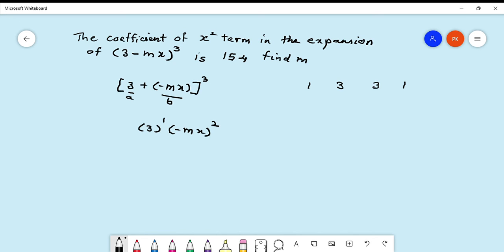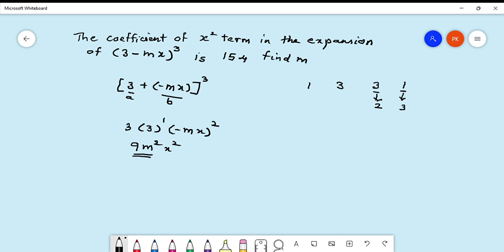Okay, so since minus mx is b, so I'll start from the right hand side. On the rightmost term, the power of second term will be 3, then 2. That means the coefficient should be 3 here. So 3 3s are 9. Negative square is positive. So you'll get 9 m square x square.